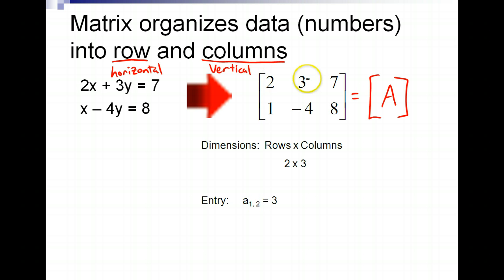So if I look in my first row and my second column, I have the number 3. If I have entry 2, 3, it's A for the A matrix, row 2, column 3. So I look at row 1, 2, and column 1, 2, 3. So 8 is my entry A subscript 2, 3.